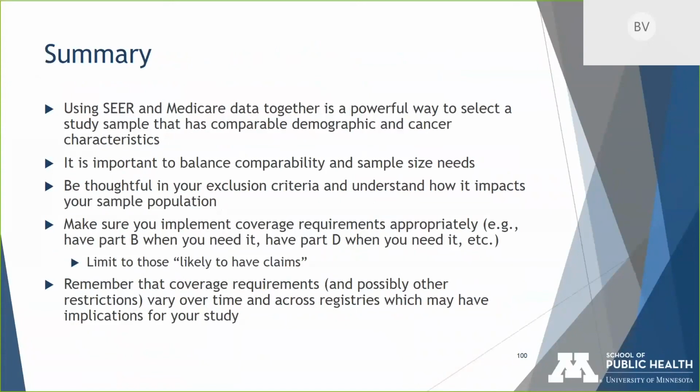And again, we've talked a lot about how it's a balancing act. So you want to be thoughtful in how you apply your exclusion criteria. You want to understand how it impacts your sample population and what that might imply for making inferences with your research study. And you want to make sure you have implemented all the appropriate coverage requirements.